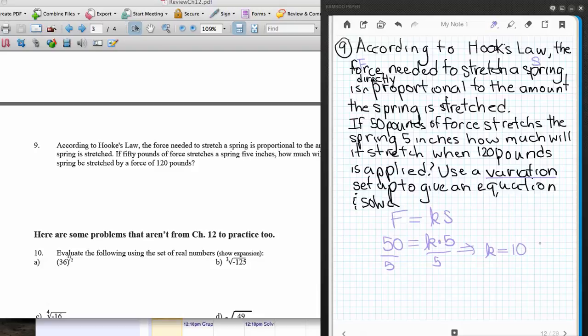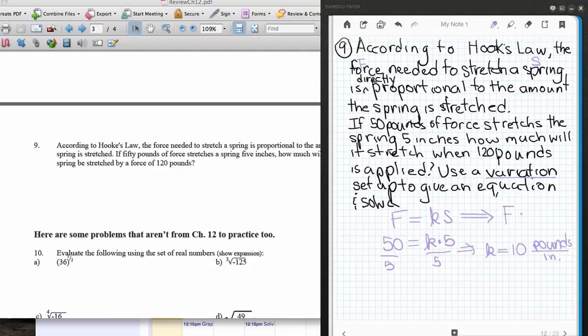So this is 10, and this is pounds, and that's per inch. So the spring stretches that amount of pounds with every inch.